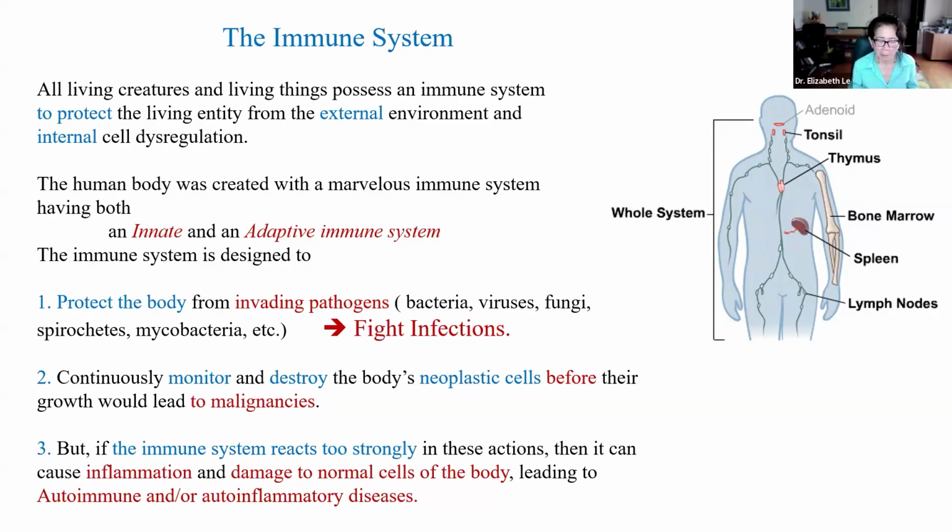And thirdly, if the immune system reacts too strongly in these two actions, then it can cause inflammation and damage to normal cells of the body, leading to autoimmune disease or autoinflammatory diseases. Next slide.